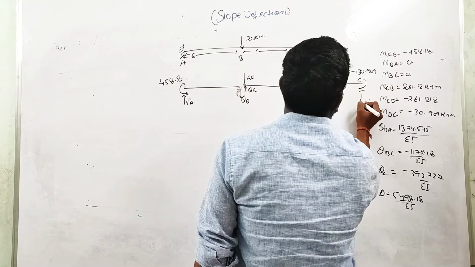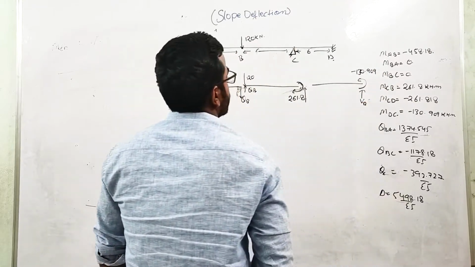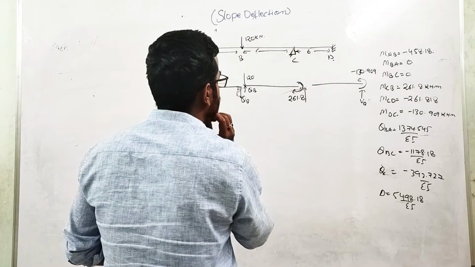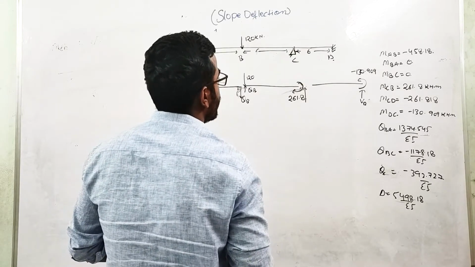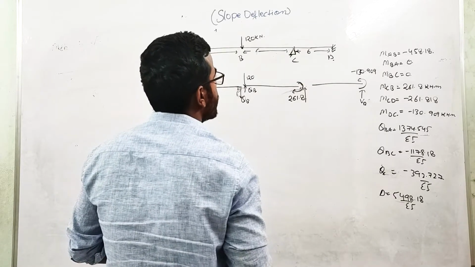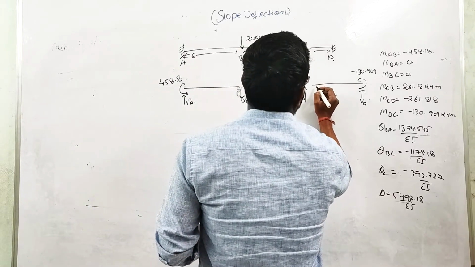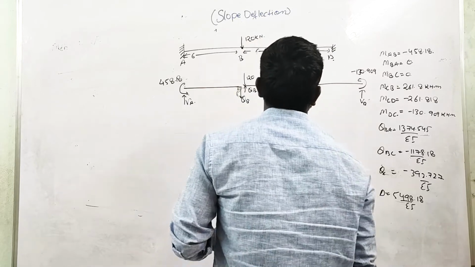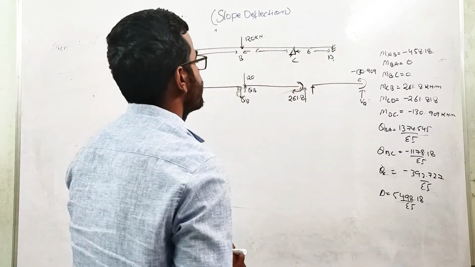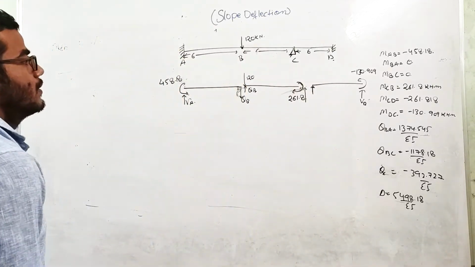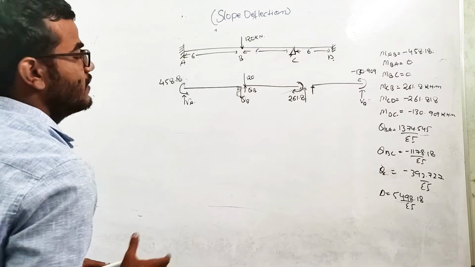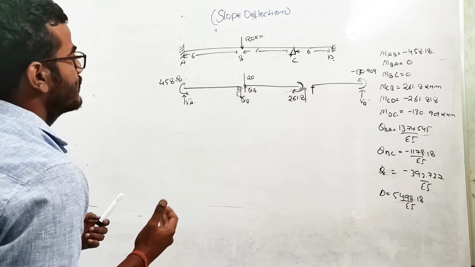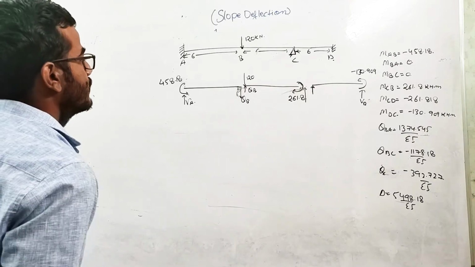There will be some vertical reaction VD. So basically we show how the forces are acting at these supports, right?